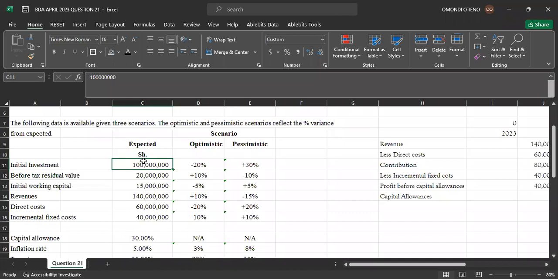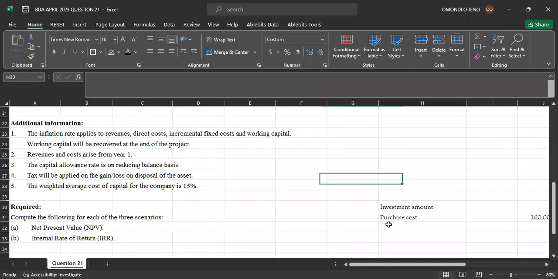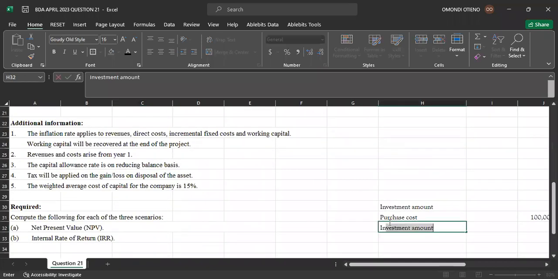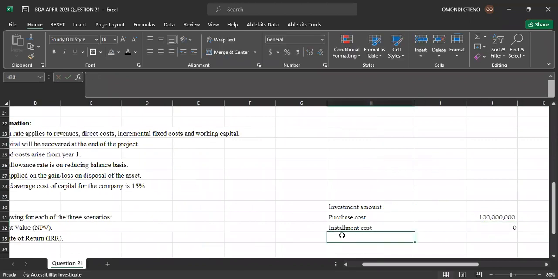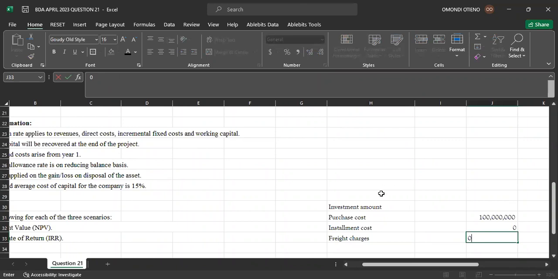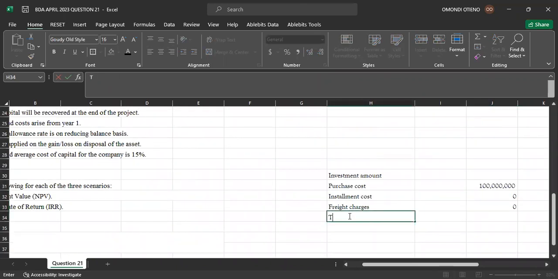Do we have any other cost? That is, do we have something to do with installation cost? 0. Do we have anything to do with freight charges? Are we having anything of that kind? 0.